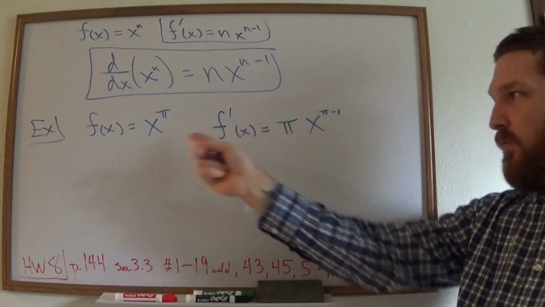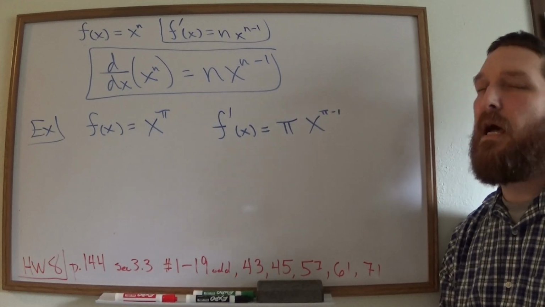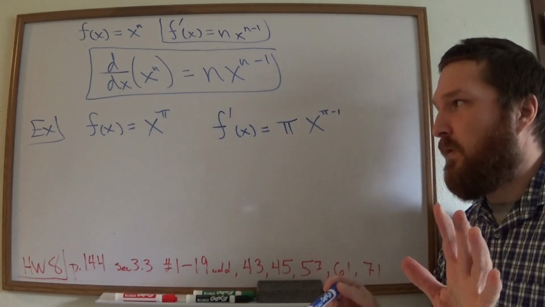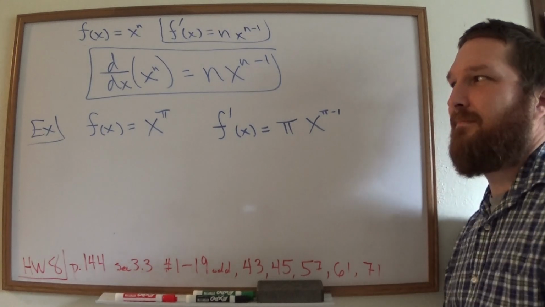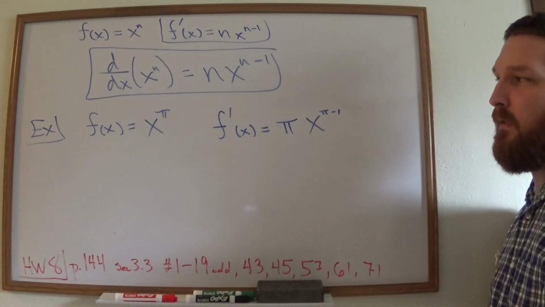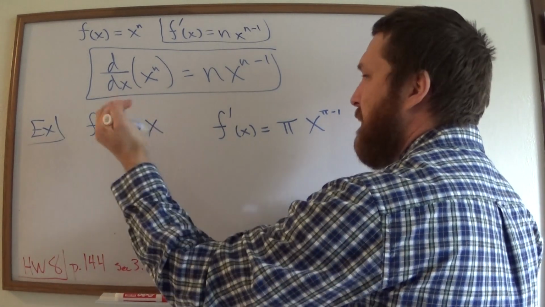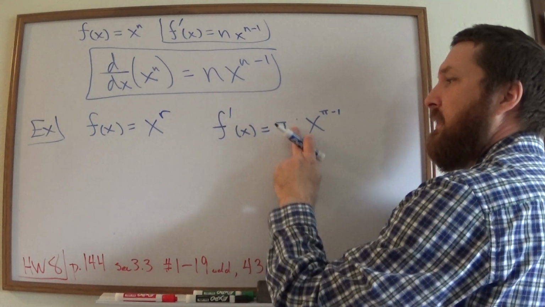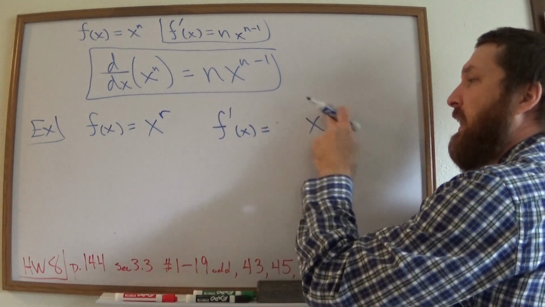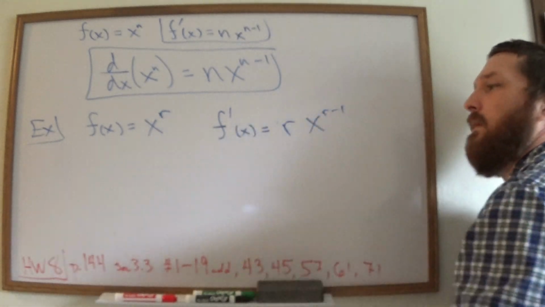But this right here is true, but you have to wait till chapter 7 until we have the tools where we can actually prove it. But I'm telling you right now, if you have faith that it works, use it. And it does happen to work. You give me any real number, doesn't matter what it is, x to that real number works the same way.